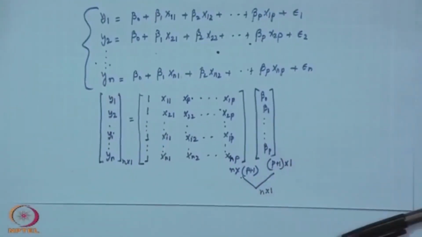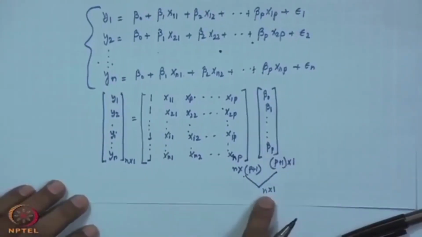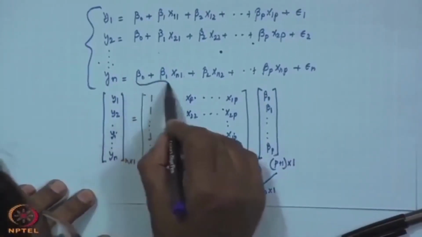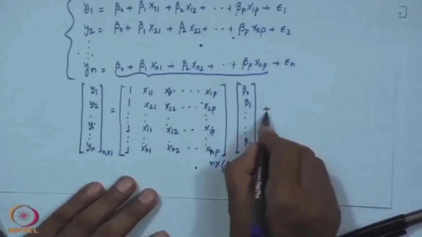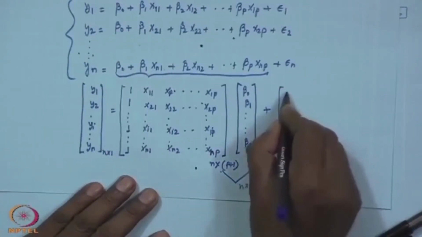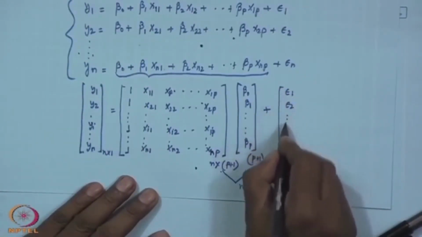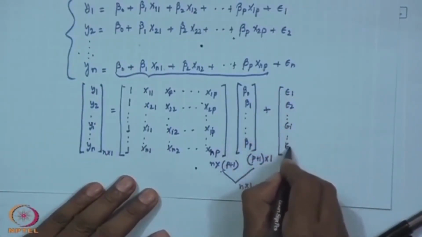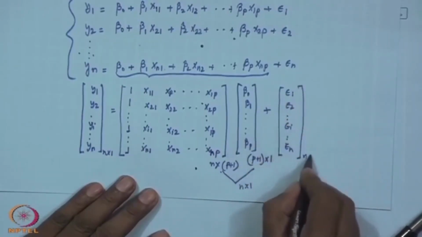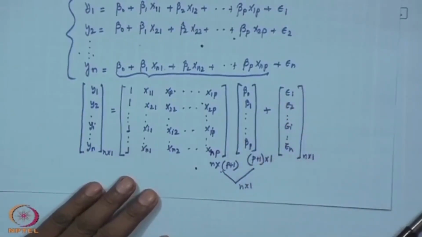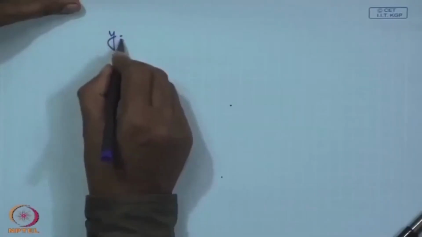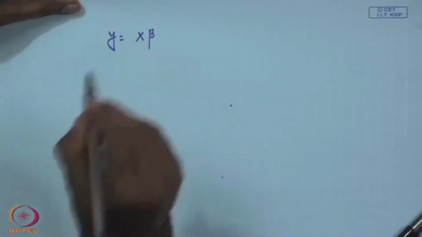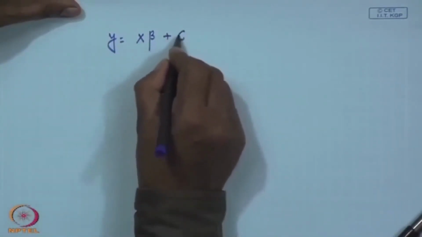So, n cross 1 equals n cross 1, which is this portion taken care of by this, plus there are error terms epsilon 1, epsilon 2, epsilon i, epsilon n. This is n cross 1. Okay. So, the resultant can be written like this: y equals x beta plus epsilon.